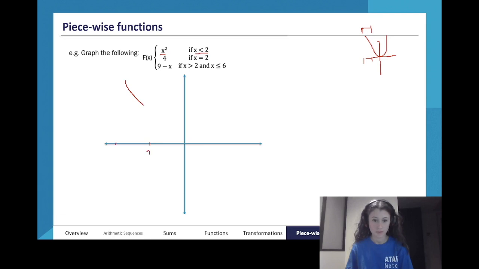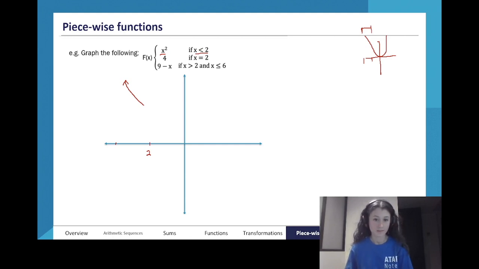So this is going to be 2, and then our function is going to continue off in this direction, so we're going to draw an arrow. If x is equal to 2, then our function is going to be equal to 4.